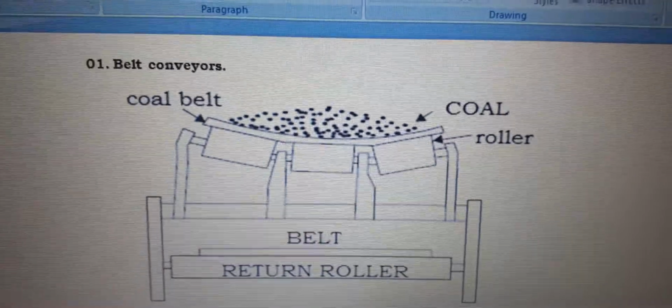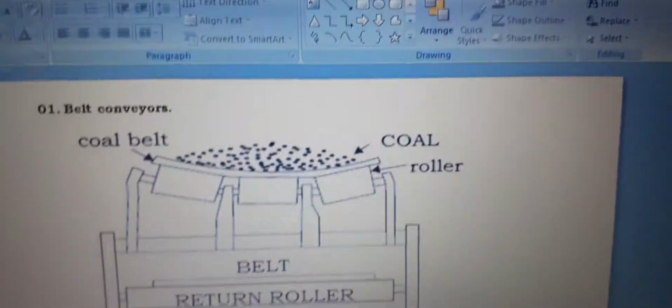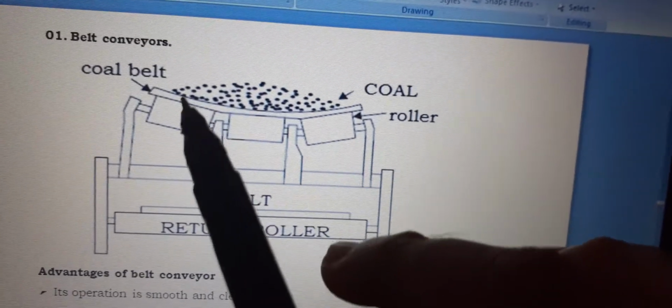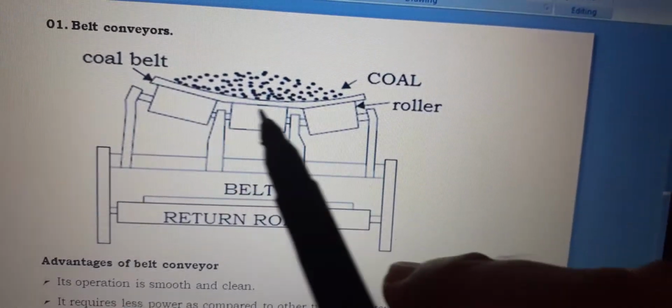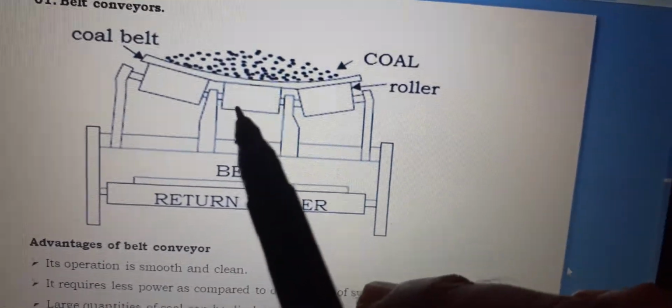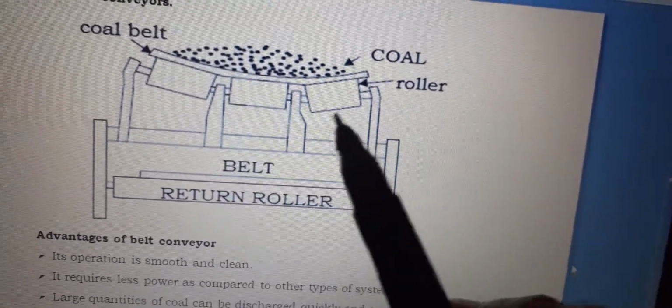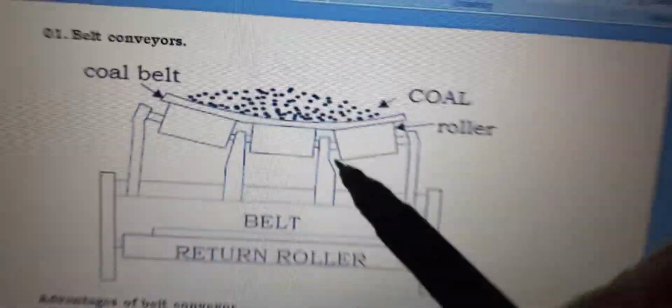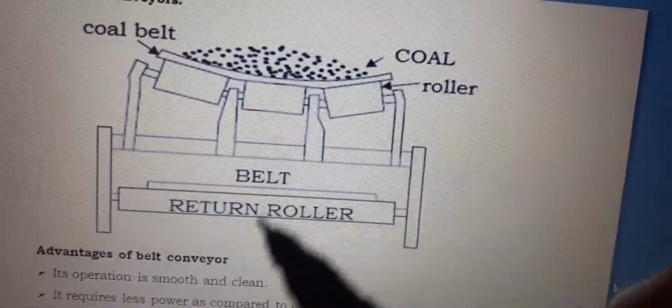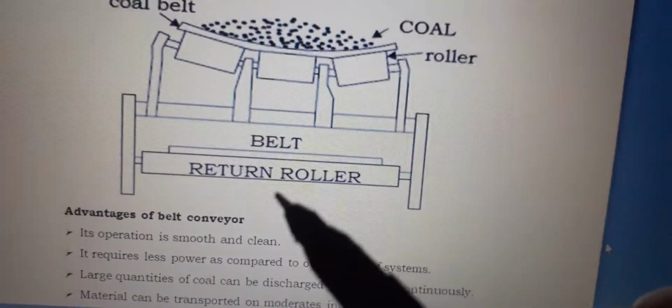Belt conveyors. You can see the belt conveyor here. Here you can see the coal belt. In this portion coal is fed onto the belt, and the rollers are below that. These are the rollers and the belt below that, and the return rollers.